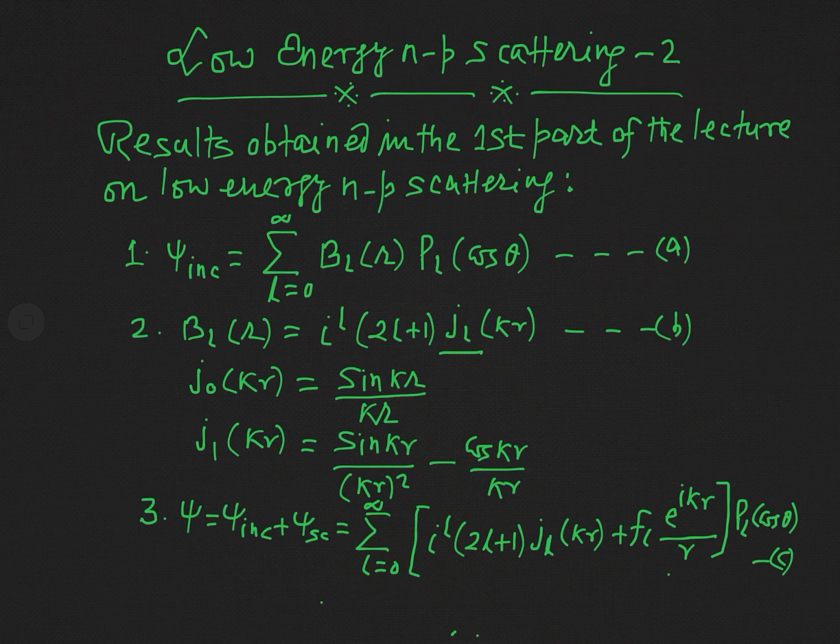In fact, you can see when you define the incident wave function or the total wave function, there is a sum over L. So these results actually signify that there are so many partial waves superposed, and we have to learn that actually in the range of low energy scattering, only L equal to 0 wave, that is the neutron for which L will be equal to 0, that wave will be mainly scattered.